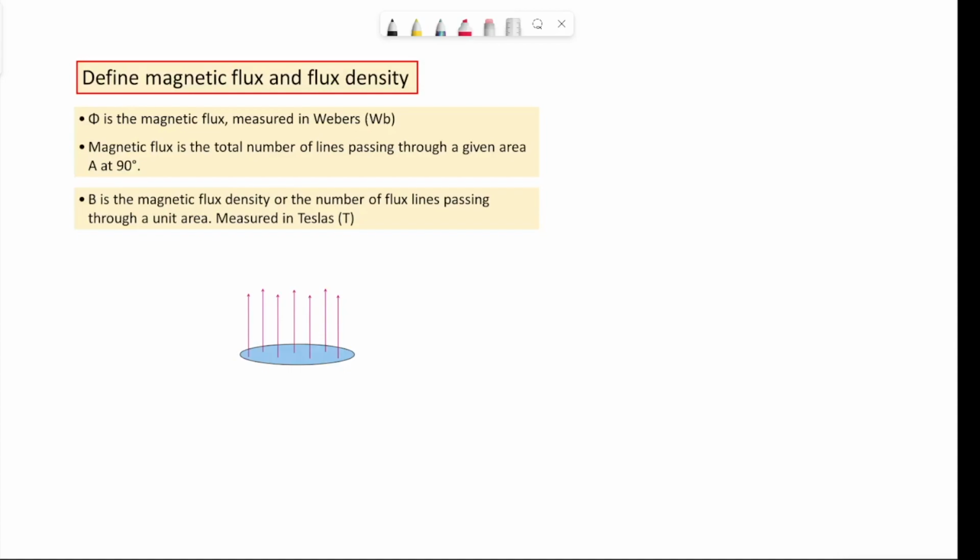B is the magnetic flux density, or the number of flux lines passing through a unit area, and is measured in Tesla. On the diagram, we see an example of a surface represented by the blue circle, which has an area A, and through this area A, we have a certain magnetic flux density represented by the letter B.